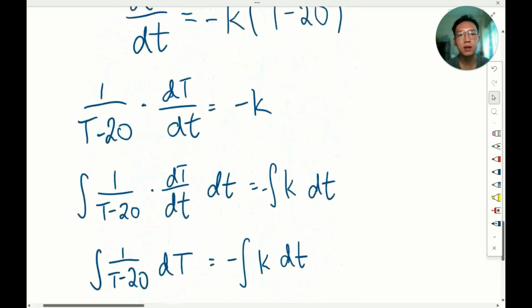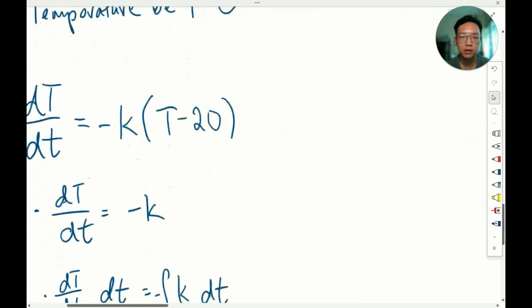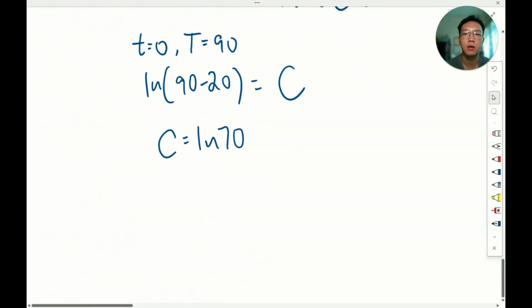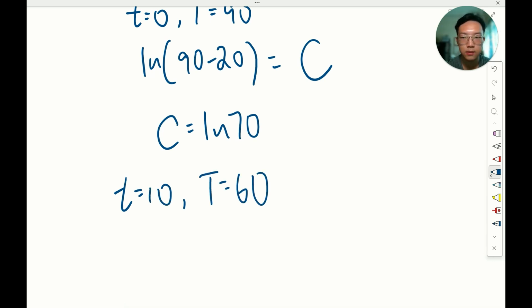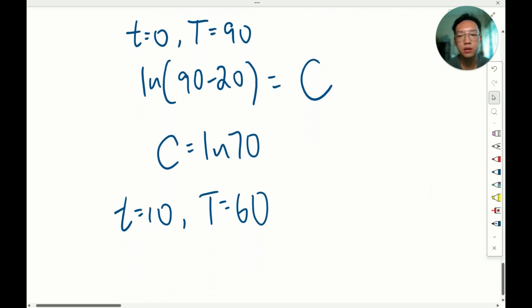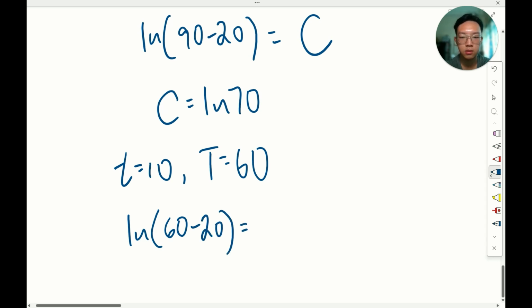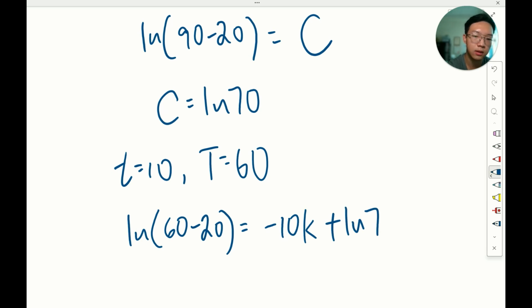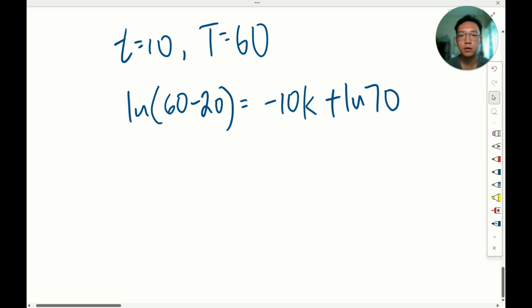So let's use the other known point, which is small t 10, big T 60, to solve for our constant k. Small t equals to 10, big T equals to 60. Okay, and we're going to substitute these values into the equation. ln 60 minus 20 equals to negative 10k plus ln 70. Okay, then we can simplify this.